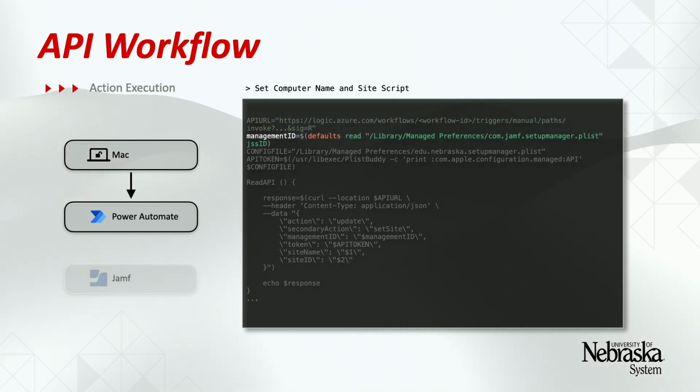We've got our managed preferences file for setup manager that we're going to reference. And then we have our config file, and then we're going to pull out that API token that we gave it. And then we're going to use those values in another curl command.